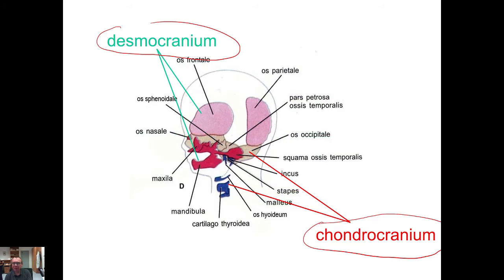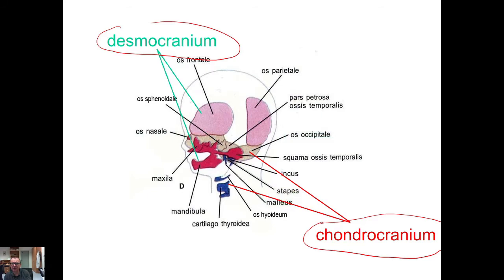It's possible to say that most bones of the calva are intramembranous, so desmocranial. Most bones of the viscerocranium are desmocranial, and endochondral ossification is found mostly in the base of skull.